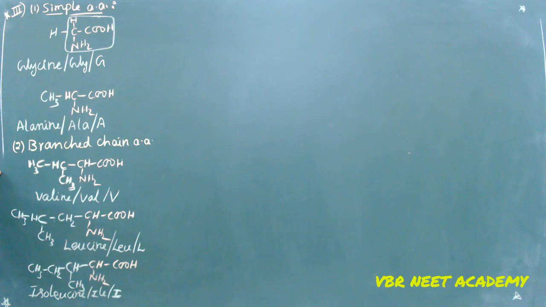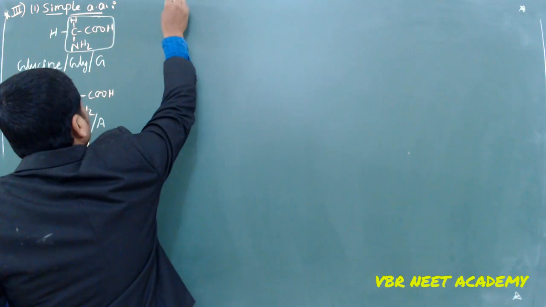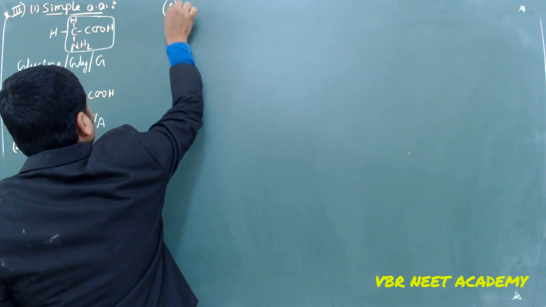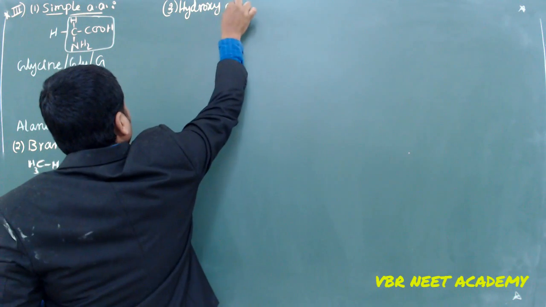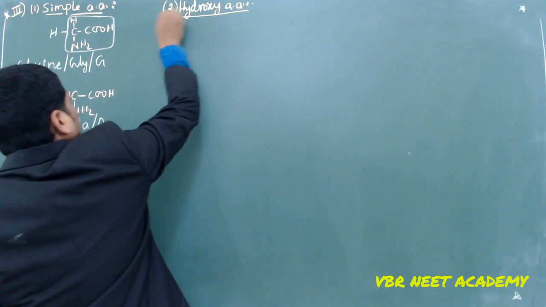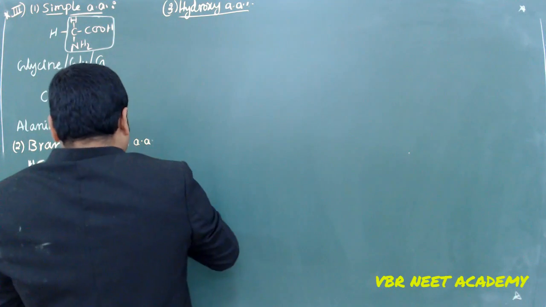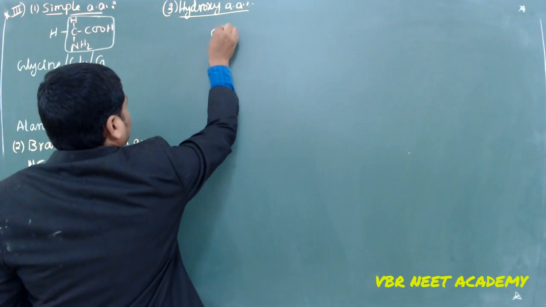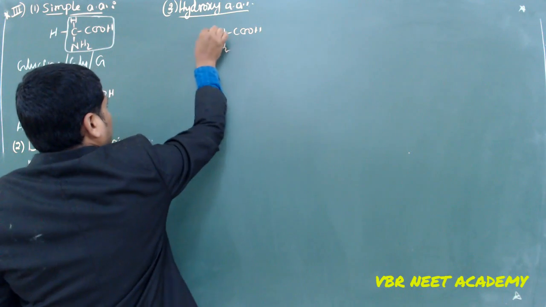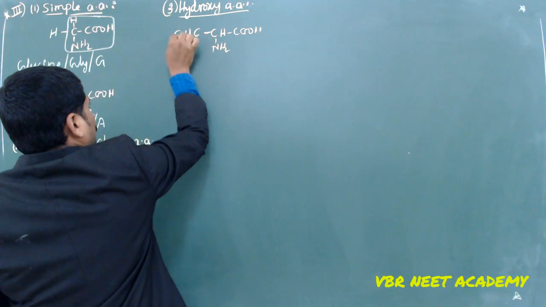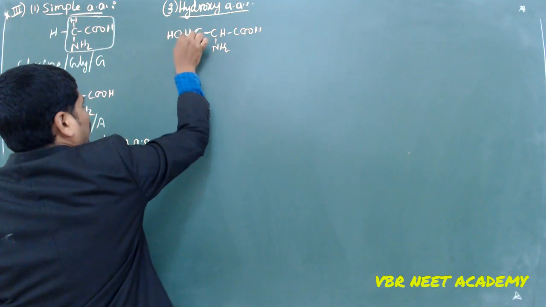So these are the simple amino acids, and these are the branched chain amino acids. Next we have hydroxy amino acids, with a hydroxy group in the side chain. CH, COOH, NH2 is common, and here I have CH2OH.